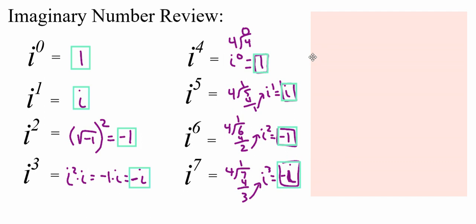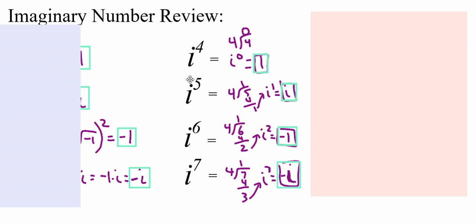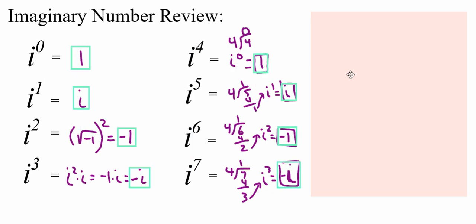So what happens when we're looking at i's that have really high numbers? How do we know where they fit in? If you think about it, when each new column starts with a multiple of 4, we know that if we divided 4 into a multiple of 4, we'd get the remainder of 0, which brings us back to i to the 0, which would be 1.